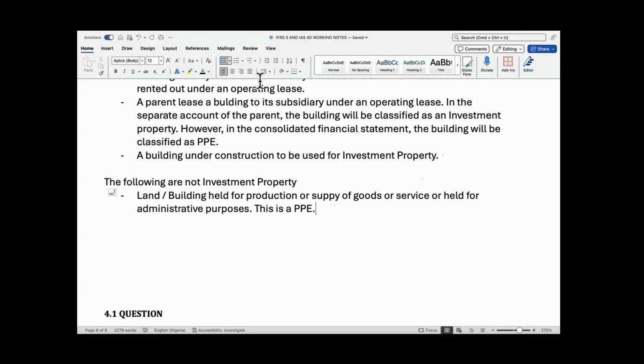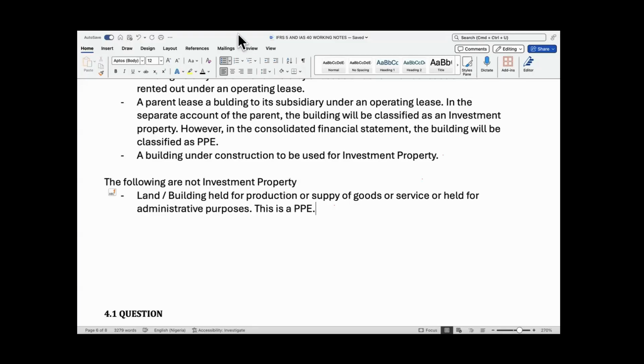Or if an organization has a land and that land is just there vacant, but it's specifically designated for parking, that this land is for our staff to park. If I may ask you, would that be PPE or investment property?